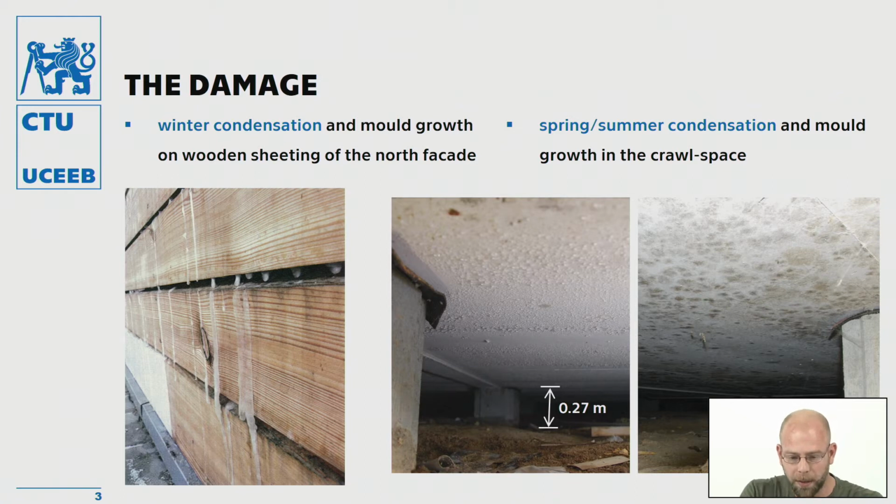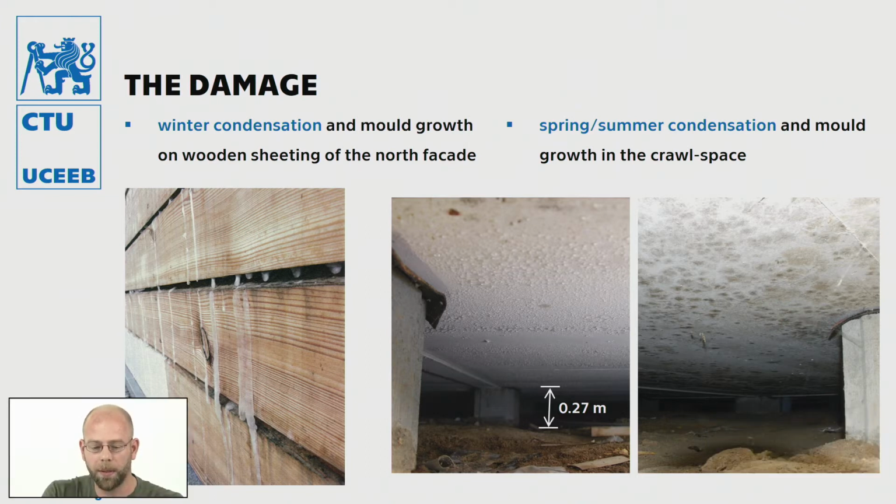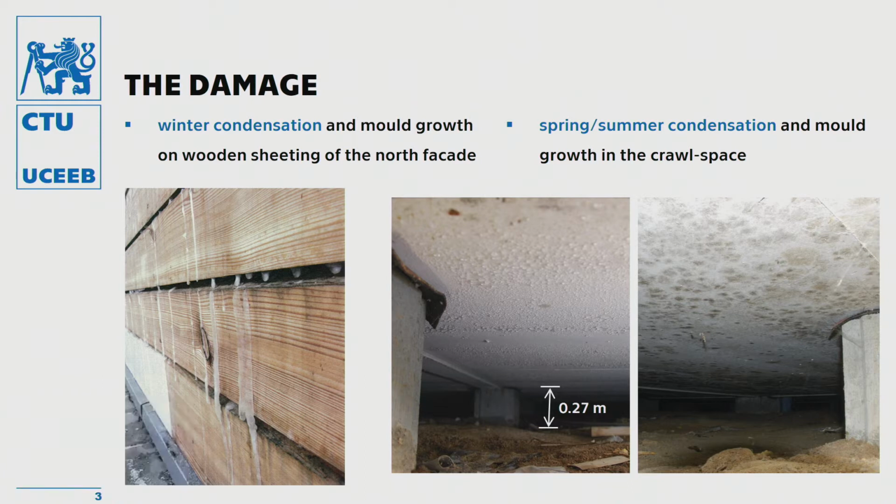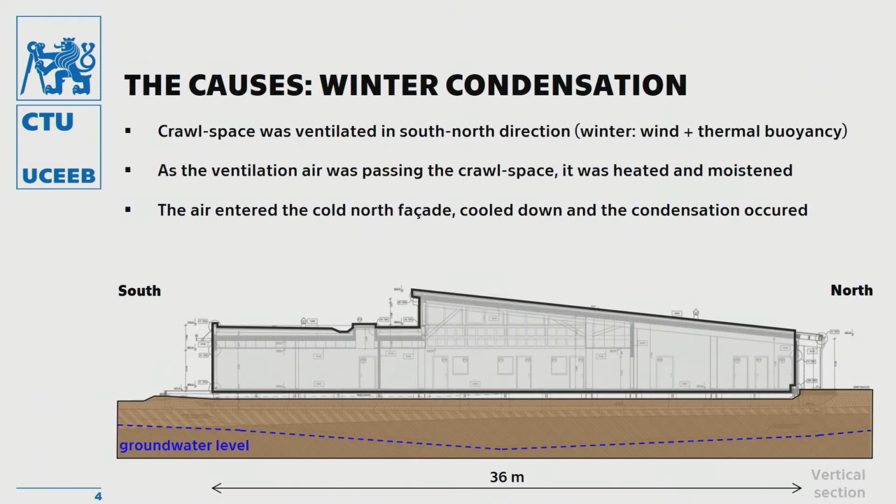Here we can notice that the crawl space, that means the space beneath the floor of the building, was only 0.27 meters high. It's quite important, so it was not really a crawl space you can crawl in.